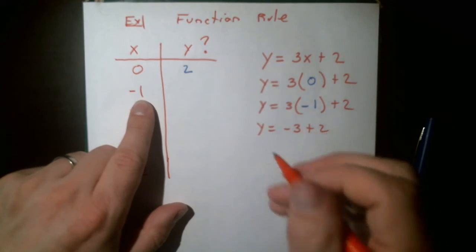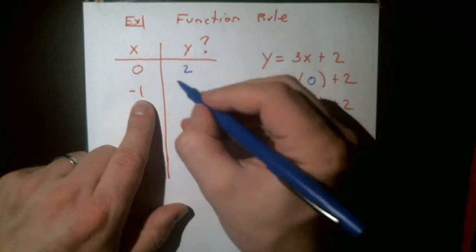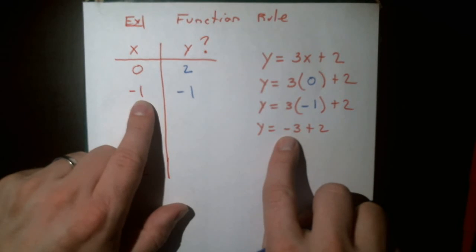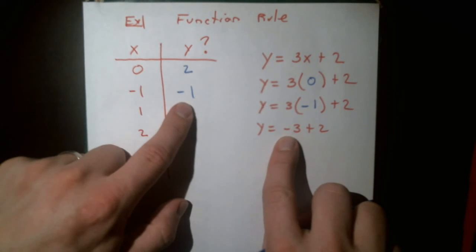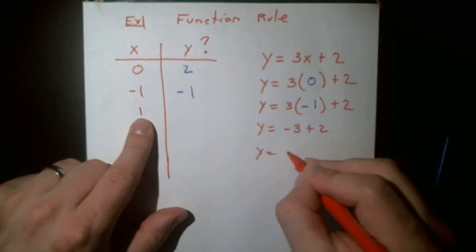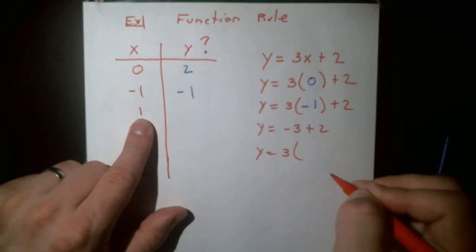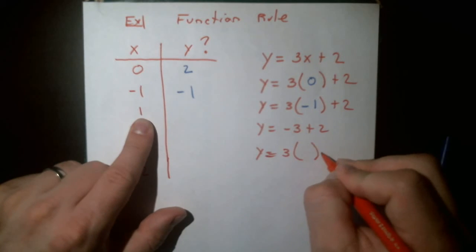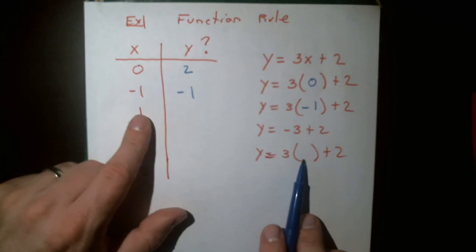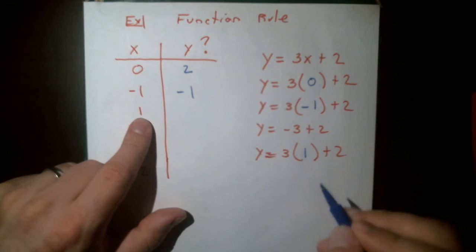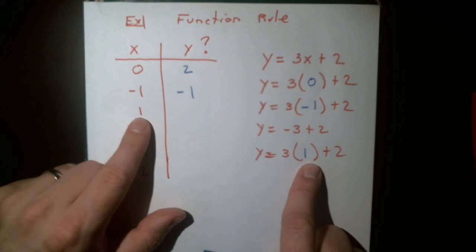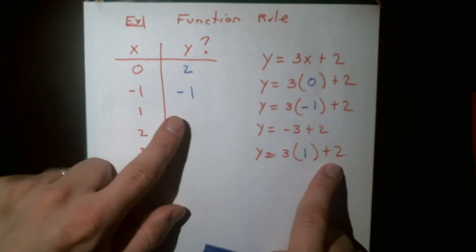Isn't that -1? You're right. That is -1. So now our next one. Y equals 3 parenthesis plus 2. What goes into the function now? 1. So 3 times 1 is 3, plus 2, 5.